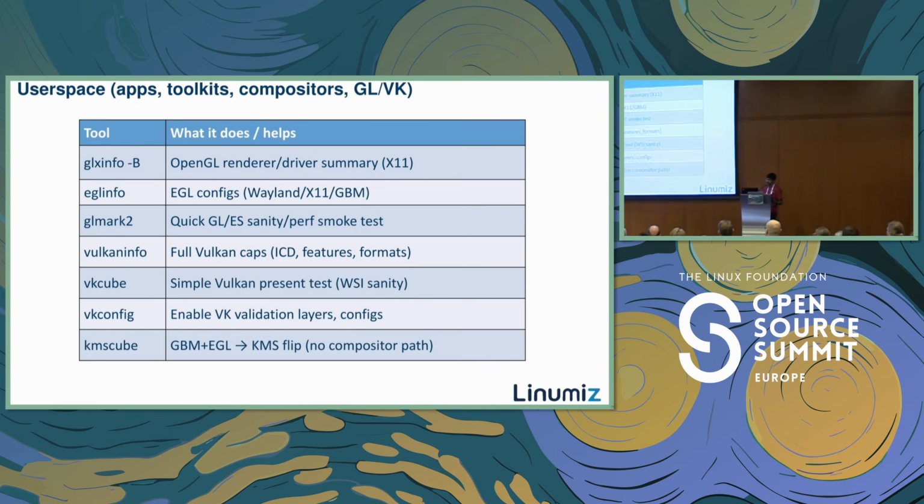Otherwise, the rest of the slides mostly expand on the terminologies we spoke about, and the tools you technically use when developing a display driver or a panel driver to figure out what is happening. For example, GLMark2, when you want to benchmark an OpenGL implementation of your Mesa driver or the GPU itself.